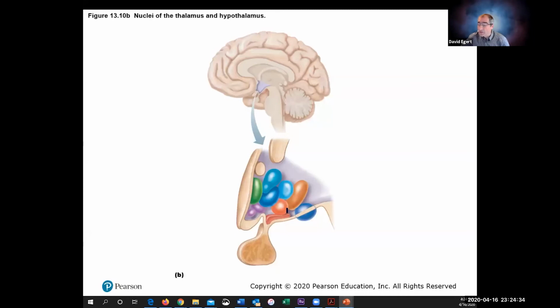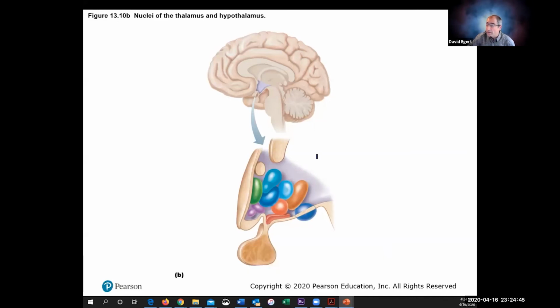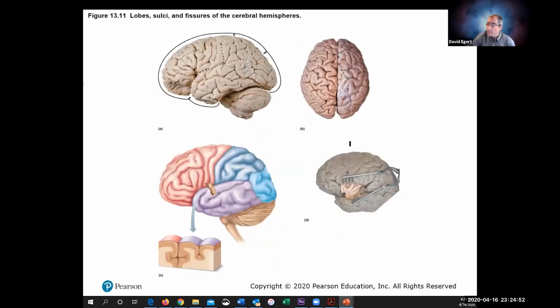There's all sorts of nuclei in there that are involved with talking to the pituitary, involved with your sleep-wake cycling, involved with all sorts of things. You just have to think of it as the hypothalamus doing all those things we've talked about. Definitely.